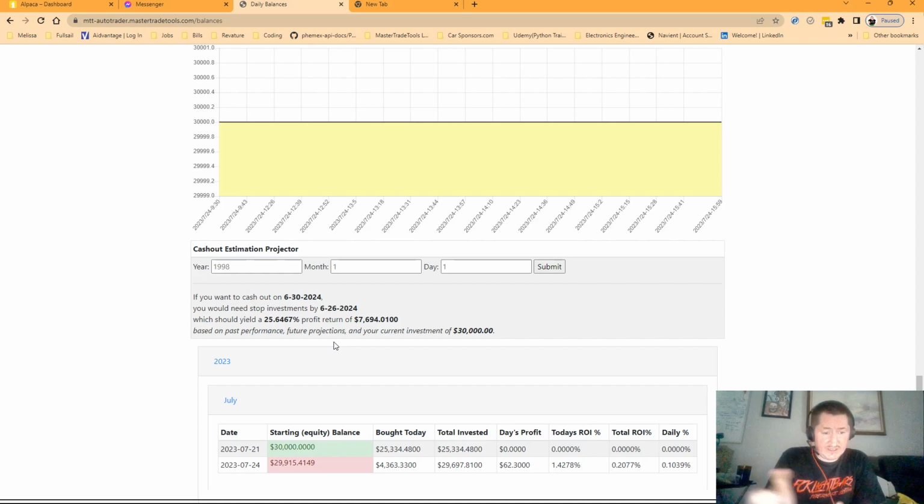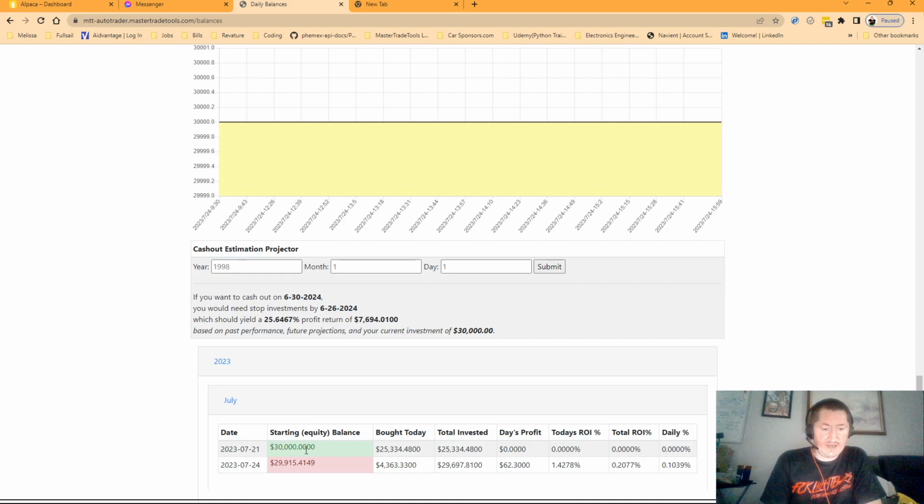And that is based on the past performance, future projections, and the current investment, which is a $30,000 paper trading account right now. As you can see, it's only been trading for 2 days, so that's actually pretty darn good.